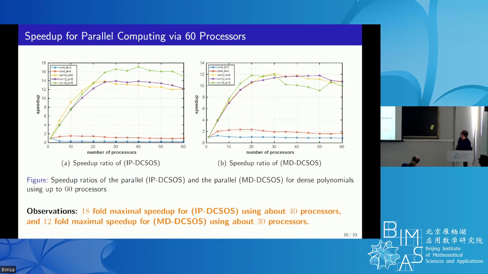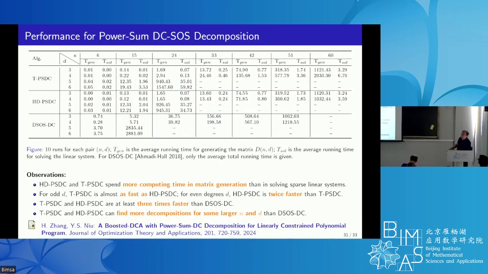And here is the speed up. As well, we get some 18-fold speed up or 12-fold speed up for different kinds of methods with less than 60 processors.